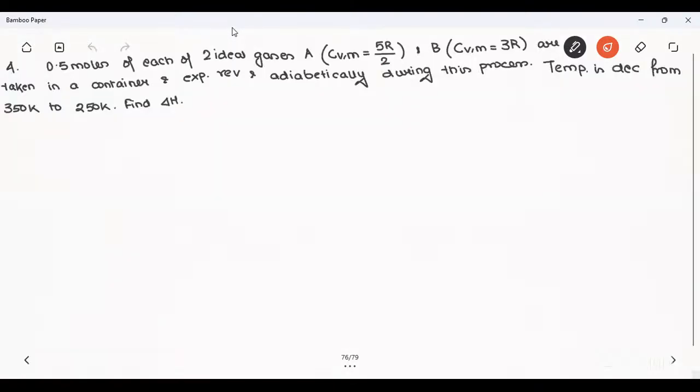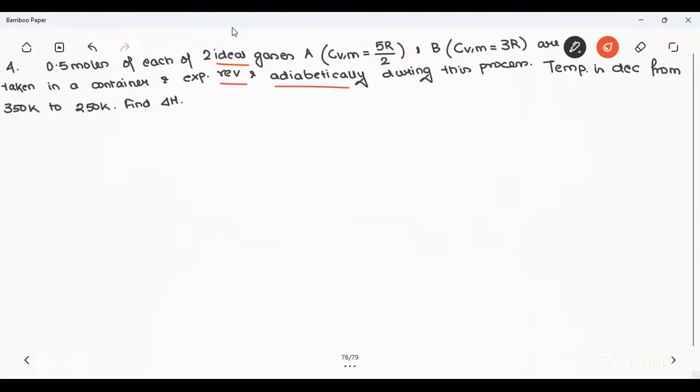Okay, now read this. Whatever sums I am making you do, na, these are considered to be the toughest sums. So once you understand this, the rest of the sums, I think you can do it. 0.5 moles of each of two ideal gases, A and B, CVM are given, are taken in a container and expanded reversibly and adiabatically.